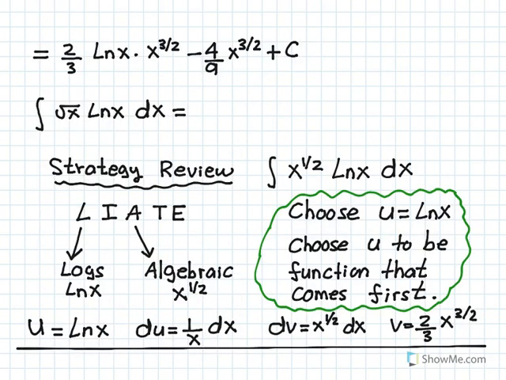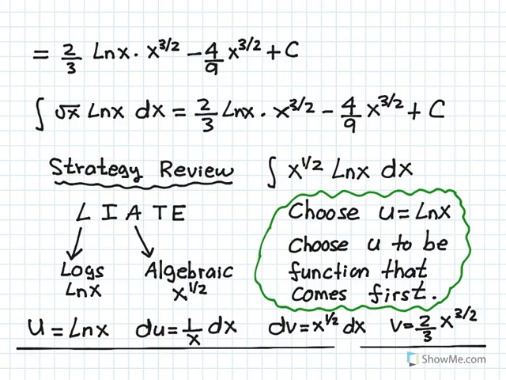So what we have as a result is 2/3 log x times x to the 3/2 minus 4/9 x to the 3/2 plus c. Let's write that down. The result of the integral is 2 over 3 log x times x to the 3/2 minus 4 over 9 x to the 3/2 plus c.